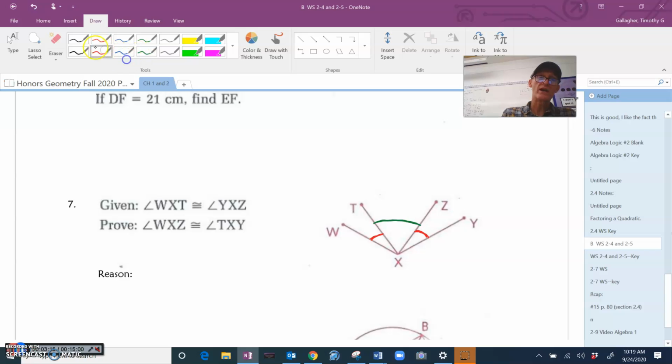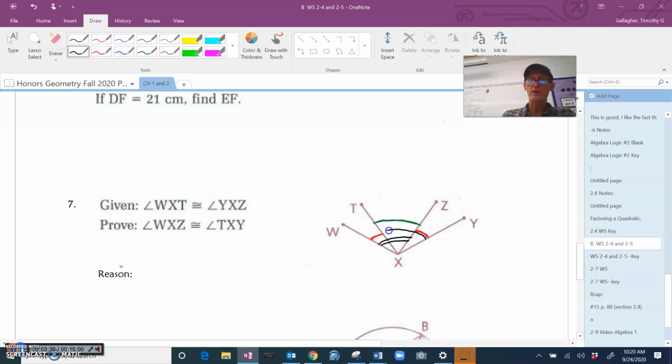So when I add the red one and the green one on this side, I get this angle right here, the black one there. So I'm adding the red one and the green one to get the black one. Now I'm going to add this red one and this green one together to get this one.